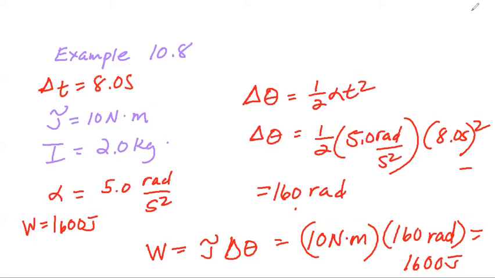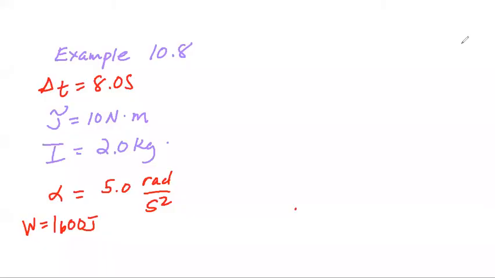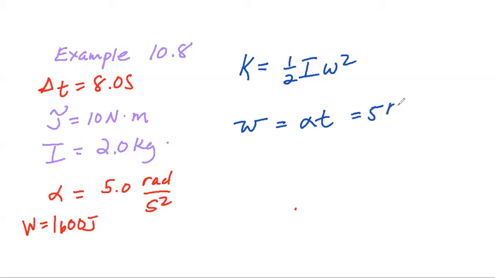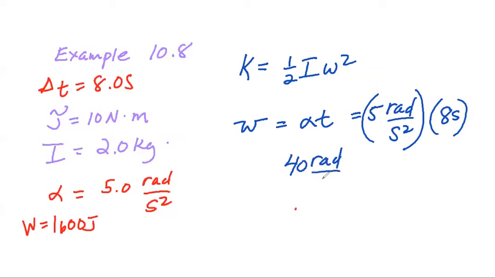Let me clear my board and I'll continue. Okay, now I need to find the kinetic energy. So this is a rotating object, and K is going to be equal to 1/2 I omega squared. I need omega. So omega is going to equal alpha times time, which is 5 radians per second squared times 8 seconds, and that's going to give me 40 radians per second.